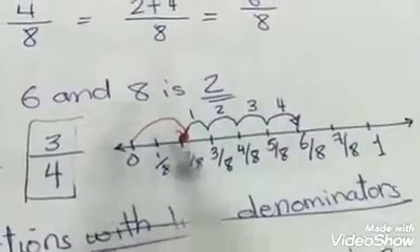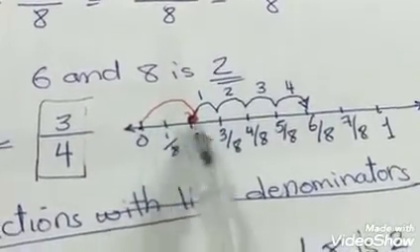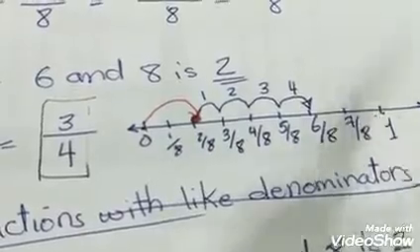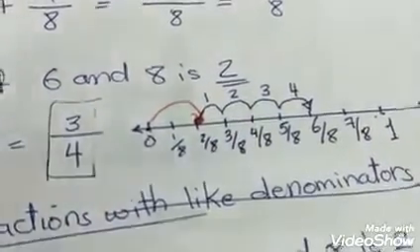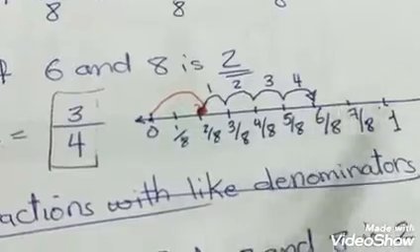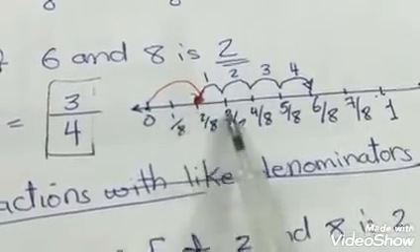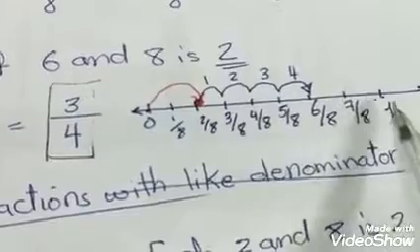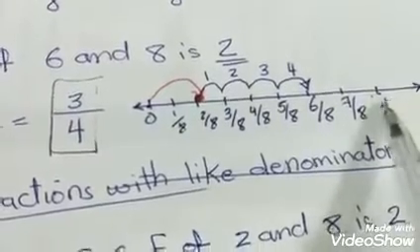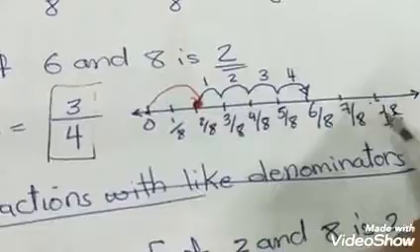Now if I have to represent it on the number line, I will put the 0 and put the 1, then divide these into 8 units. 1, 2, 3, 4, 5, 6, 7, 8. Each unit is numbered 1, 2, 3, 4, 5, 6, 7, and the 8th one is 8 over 8, which is 1.